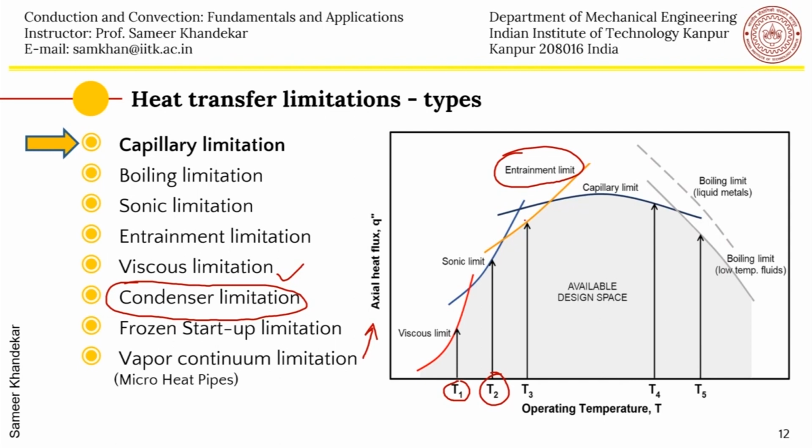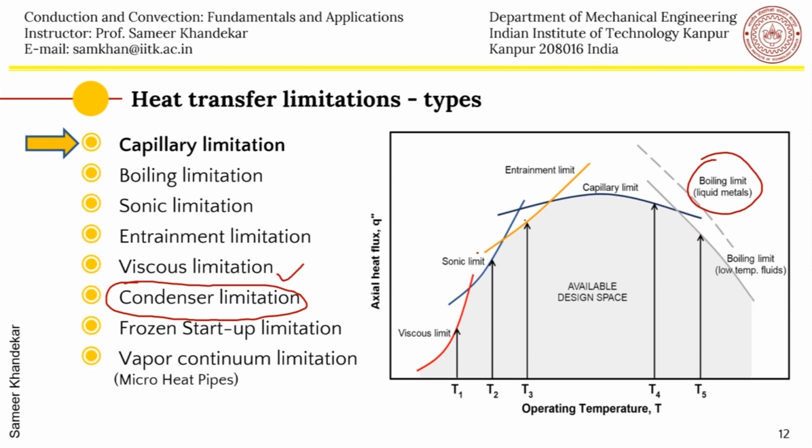Once you increase the temperature further, then what you get is actually the boiling limitation. The boiling limitation curves can be different for liquid metals, for example, and of course they will be different for low temperature fluids, and that will determine at those temperatures which one of them will be dominant, whether boiling will come, or whether capillary will come first and then boiling.